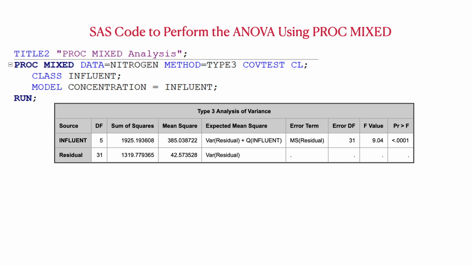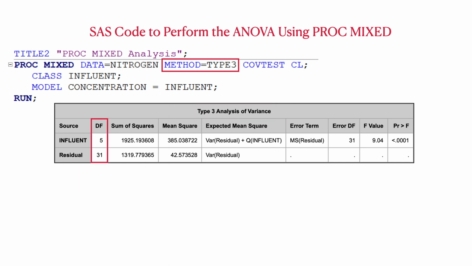Here are the results of this analysis. The method equal type 3 option instructs PROC Mixed to perform a type 3 analysis of variance. This is the same method of analysis that PROC GLM used, and so we will get consistent results.